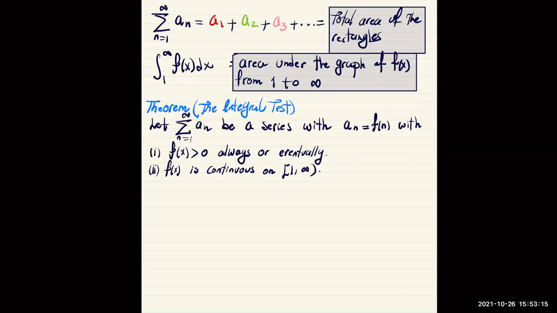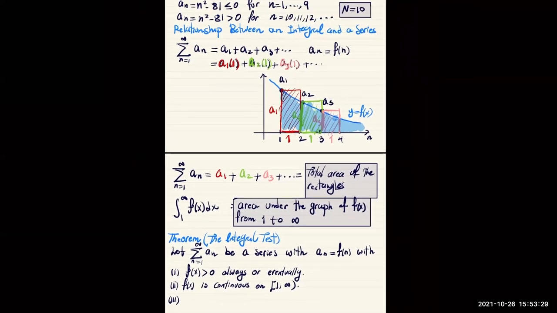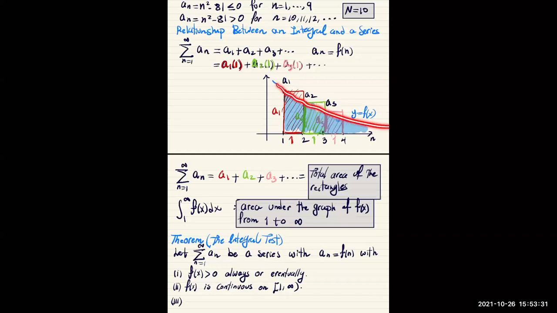The third condition, which makes sense, should say that f is a decreasing function. We need f to be decreasing, guys, don't we? Because if f is not always decreasing, then we don't have that concept.